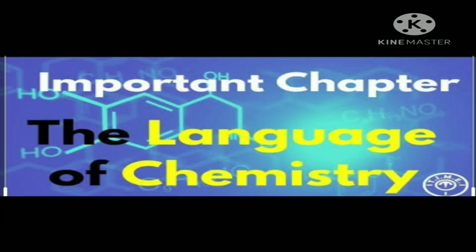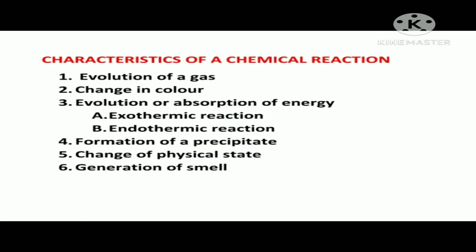Today, in this chapter, we will be discussing the characteristics of a chemical reaction and the various conditions necessary for a chemical reaction to take place. A chemical reaction can show various characteristics.